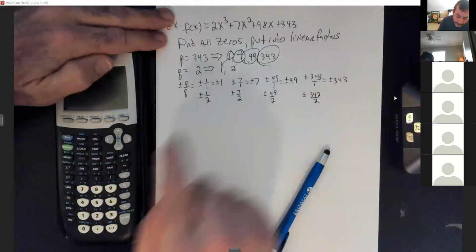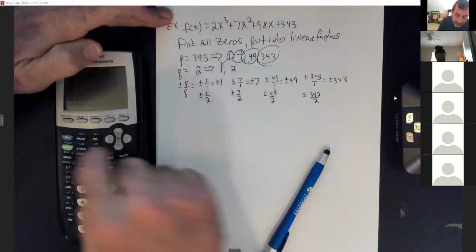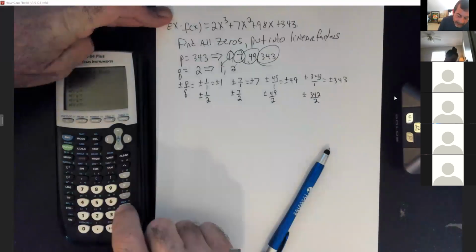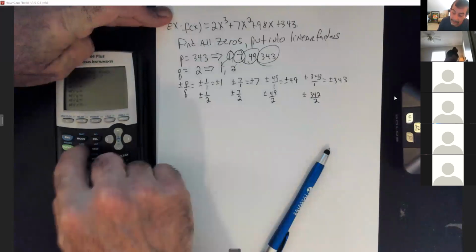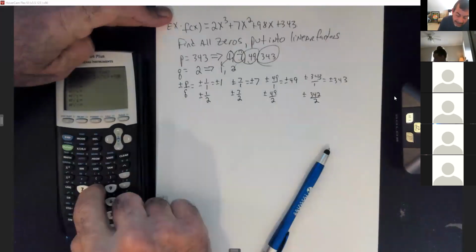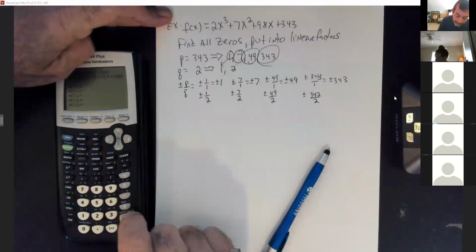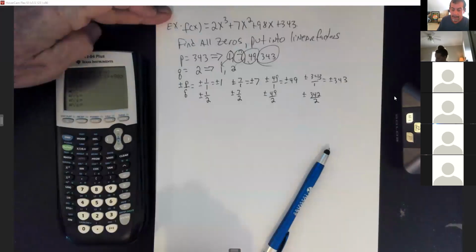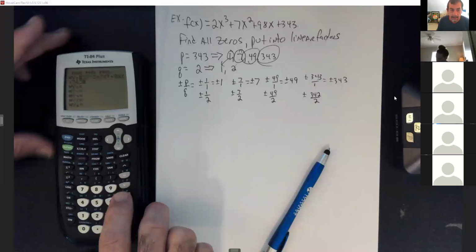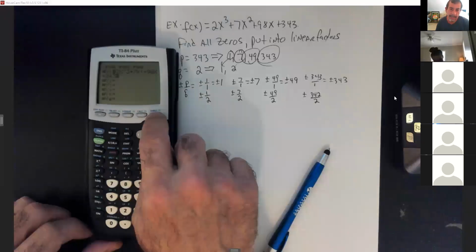I'm going to put in my 2x to the third plus 7x squared plus 98x plus 343. And then, y'all, I'm going to hit graph to see where it looks like it's crossing that x-axis.